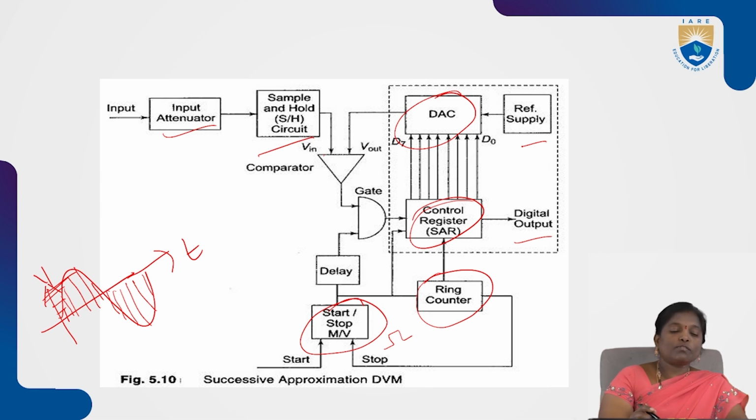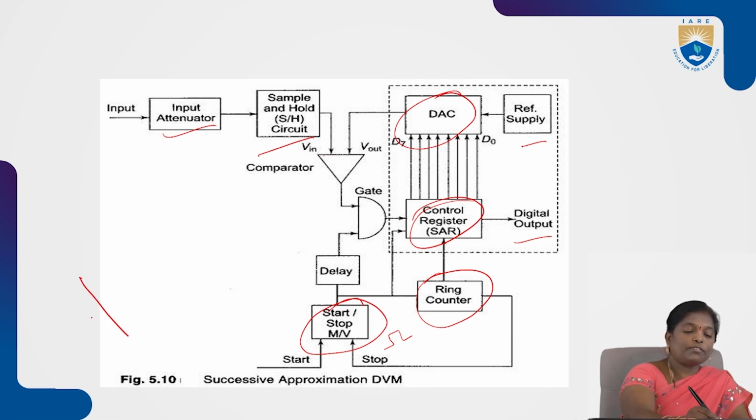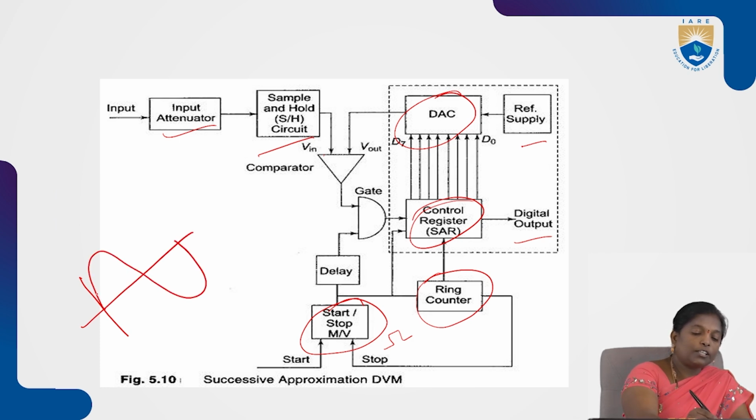That's why, instead of taking this continuous signal, here I consider the samples. Consider samples of the input signal. If this is the input signal, the input signal is sampled and the amplitudes of the samples are held equal.